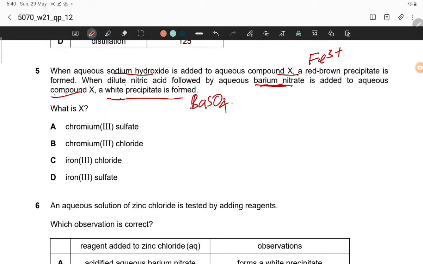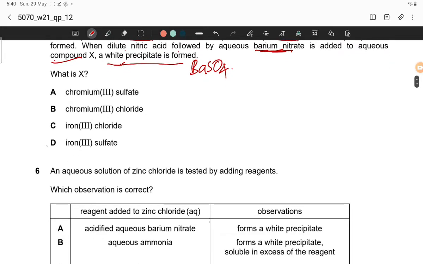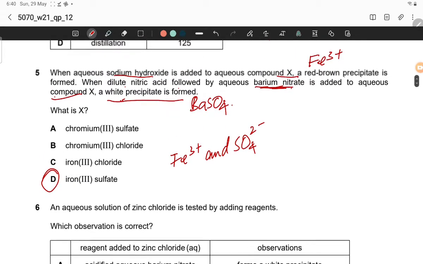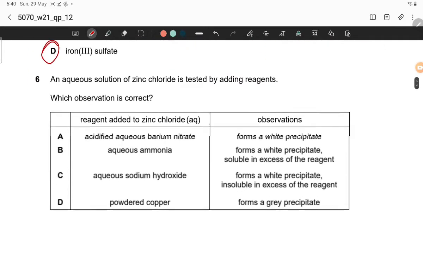So X must be D, iron 3 sulfate, that is iron 3 ions and sulfate ions. This is the test of iron 3 ions, and this is the test of sulfate ion.